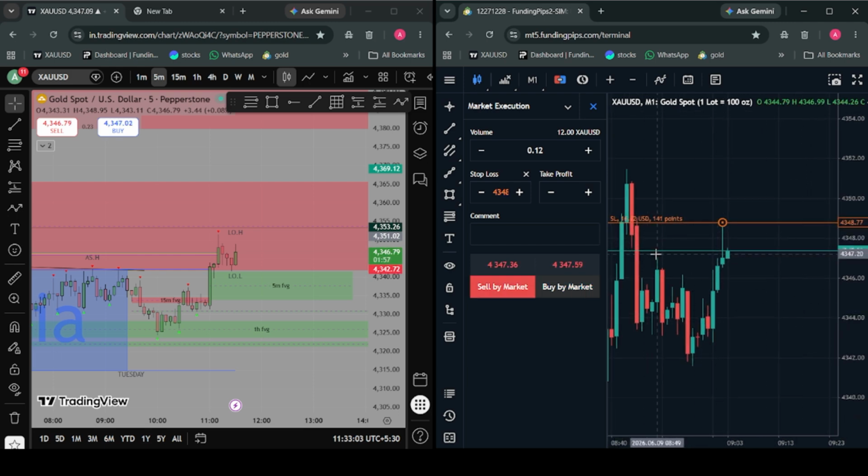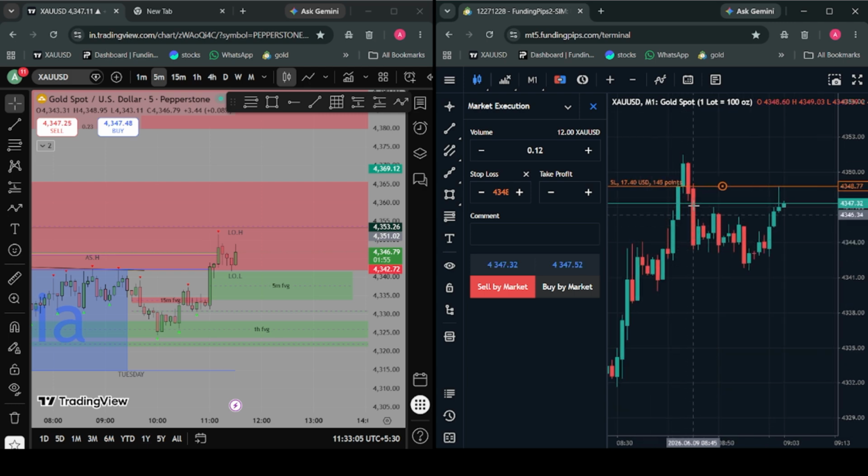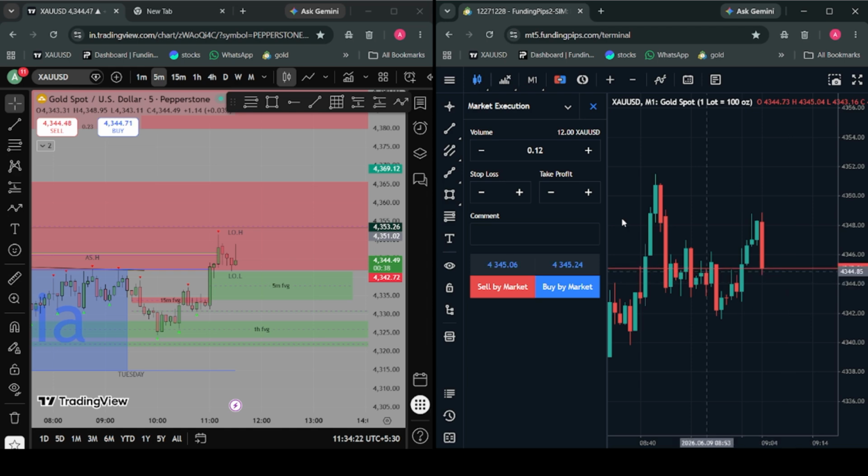Because this is a bearish fair value gap, a BPR, a balanced price range after a liquidity sweep. So in my view this should work out, guys. Clear move to the downside.